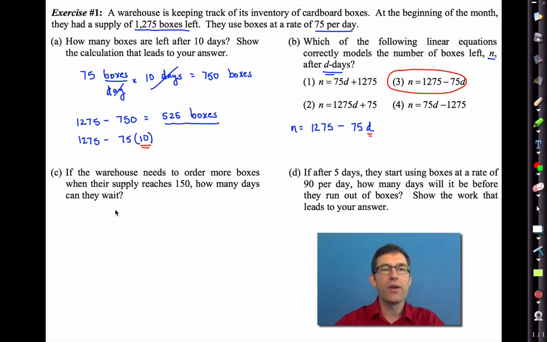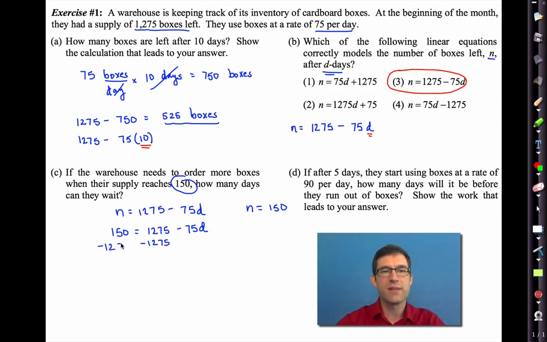Well, right now we know that this equation, if you will, models how many boxes we have left according to how many days we've been using the boxes. Now that 150 that they gave me is my N. It's the number of boxes I have left. So I'm going to put that into my equation and I'm going to let my algebra do its magic, right? I'm going to solve this equation now. I'm going to subtract 1275 from both sides. That's going to be a little bit obnoxious because it's going to leave me with a negative.